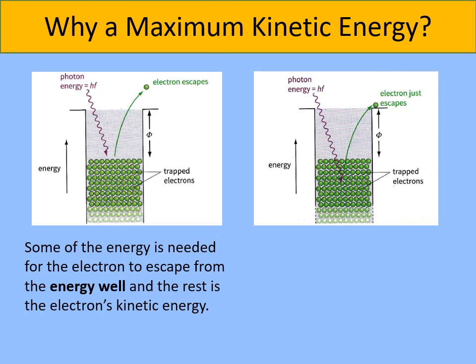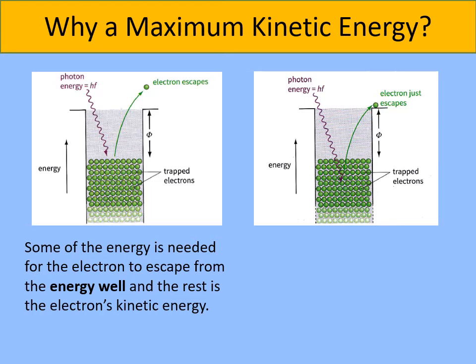The most loosely held electron, the one on the surface, which is shown on the left diagram, will have the most energy left over and will have the maximum value of kinetic energy. The others will have lower amounts of kinetic energy, as they will need more to escape.